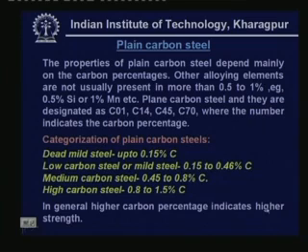That means the plain carbon steel property, although primarily dependent on carbon percentage, has other alloying elements also present. Now, in this case, what is the extent of the other alloying elements? It is more or less within 0.5 to 1%. For example, we can have 0.5% silicon or 1% manganese, etc. That means the alloying elements are given in a low amount.